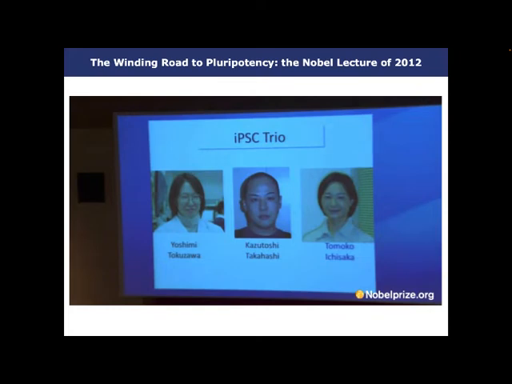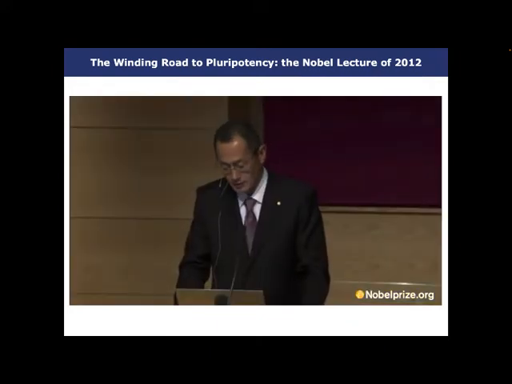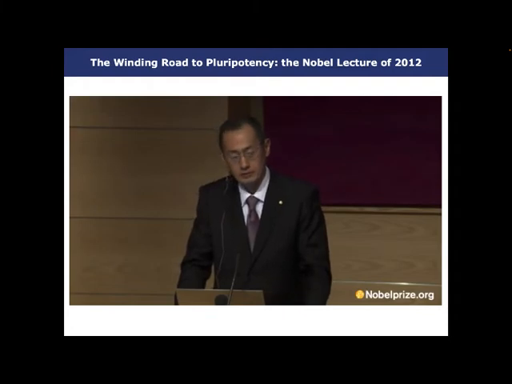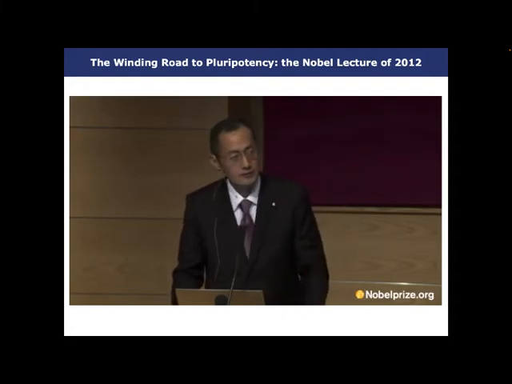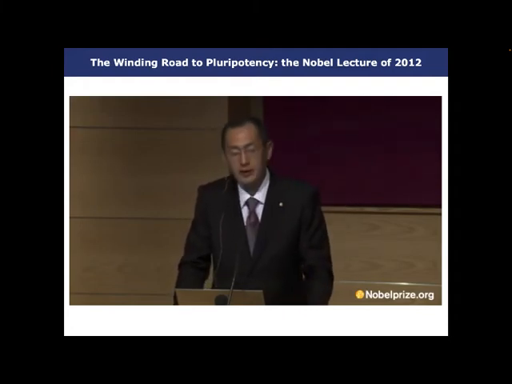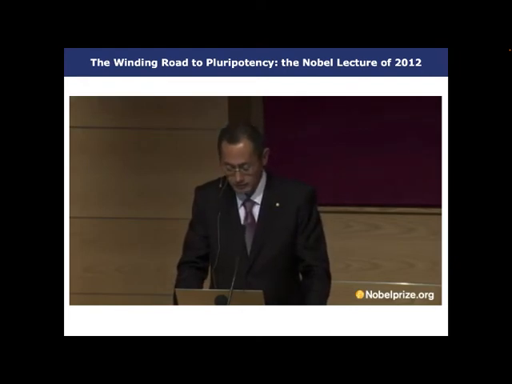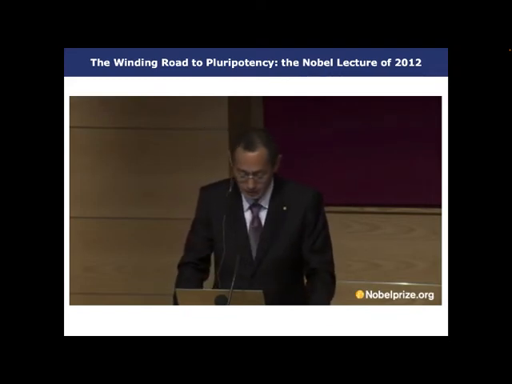Yoshimi Tokuzawa and Kazutoshi Takahashi were my very first graduate students. Tomoko Ichisaka is my first technician. Without devoted work done by these 3, we could have never generated iPS cells, at least in my own laboratory. So I'm very, very grateful to these young researchers.